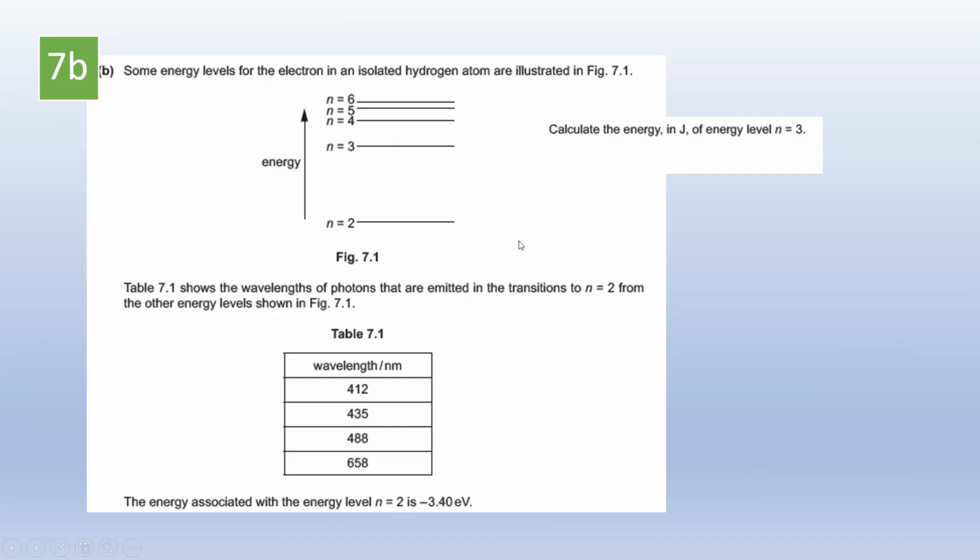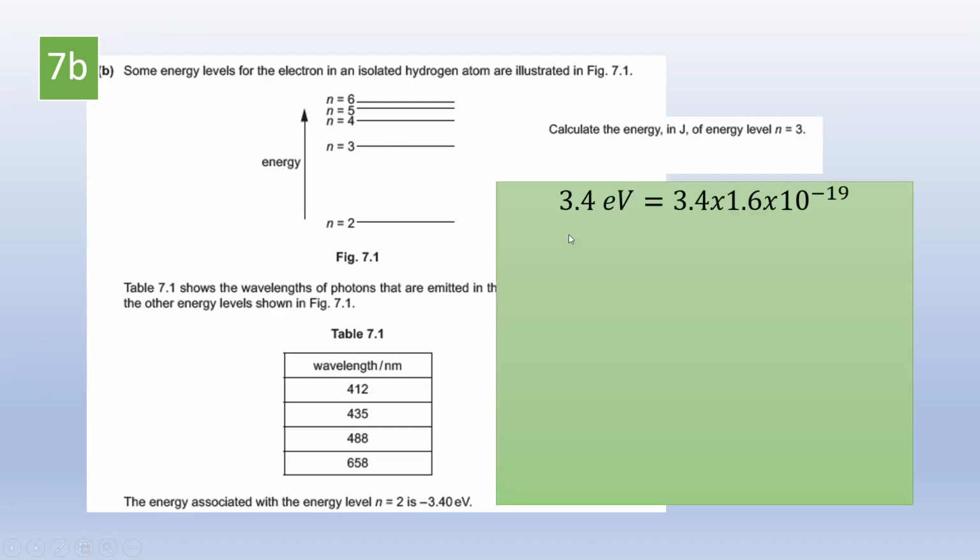Basically, we have to change the 3.4 electron volt to joule: 1 electron volt is 1.6 times 10 to the power minus 19 joule.